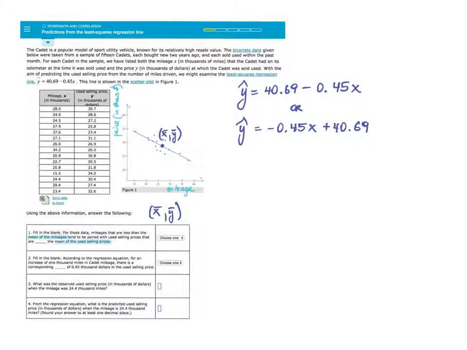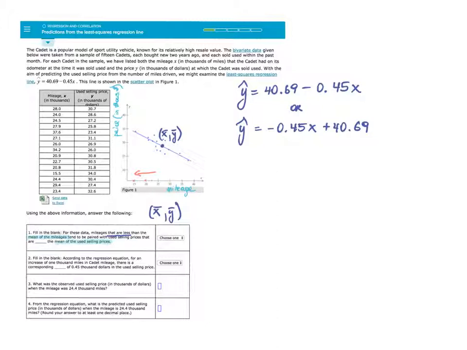I am saying if I pick mileages that are less than X bar, which means on the left side somewhere here. So if I pick mileage like 15 miles or 20 miles or 22 miles, 23 miles, something like that, will they be paired with used selling prices that are greater than or less than the mean used selling price?